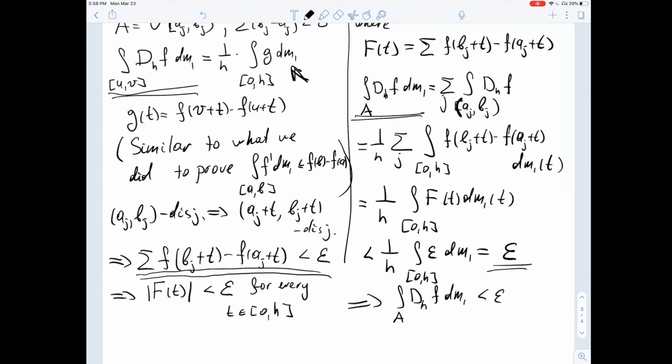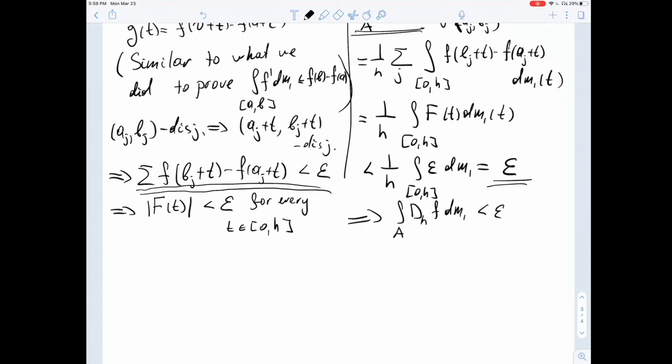An open set is actually an infinite union of disjoint intervals, and I've only done it for a finite union. But if you want to do it for an infinite union, it's equally easy because you just pass to the limit. You take a sequence of finite unions, it's going to be an increasing sequence, and so you pass to the limit one more time. So we're done.